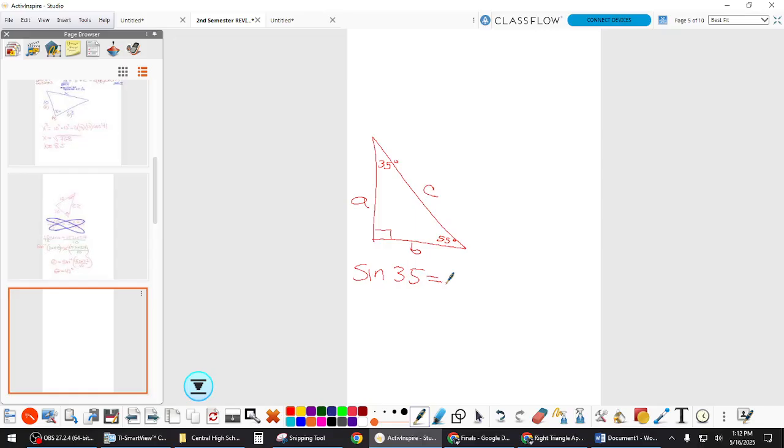B over C. Good, B over C. So what of the remaining trig ratios, sine, cosine, tangent, of either 35 or 55, is equivalent to B over C in terms of ratio? In other words, I want to be able to fill in a different left side but have the same right side. Does that make sense?